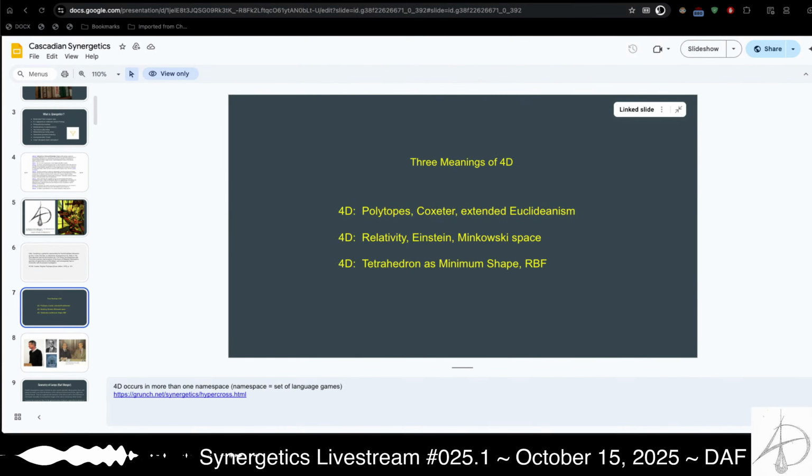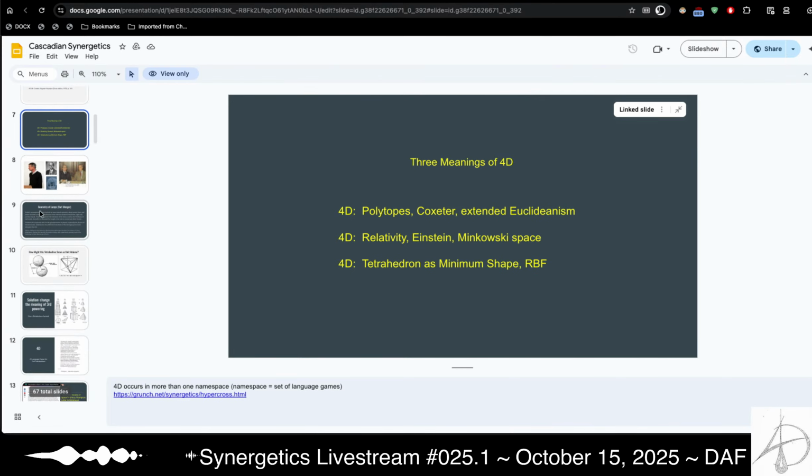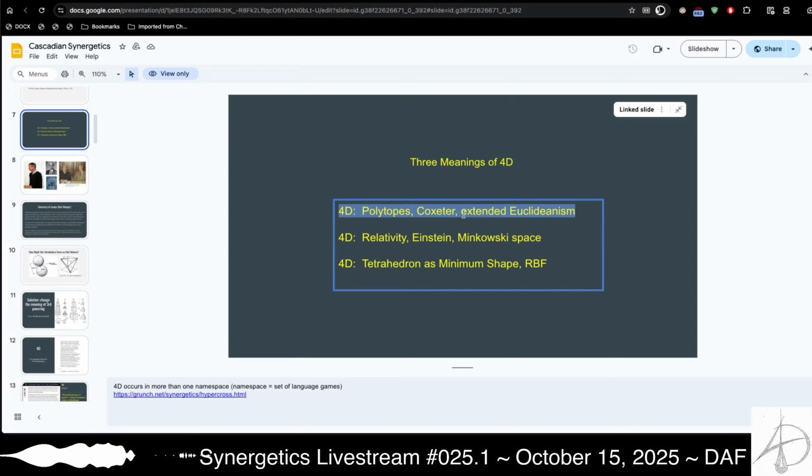And it comes to this multiple namespace topic. Three meanings of 4D are going to be juxtaposed here and woven together with a special emphasis on the third one. First, 4D in the sense of polytopes, that's Coxeter's definition, and refers to this extended Euclidean framework.